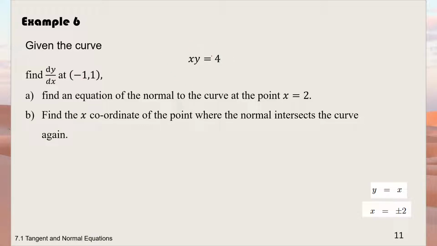For this one, I am reluctant to use implicit differentiation. So I can rewrite my equation as y equals 4 over x, or 4x to the power of negative 1. So my dy dx is negative 4x to the power of negative 2.